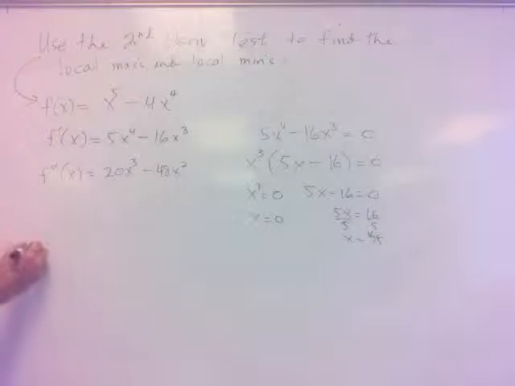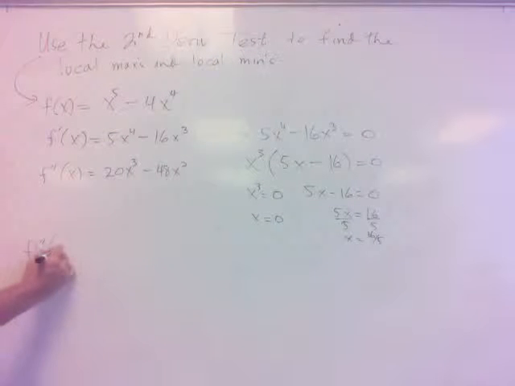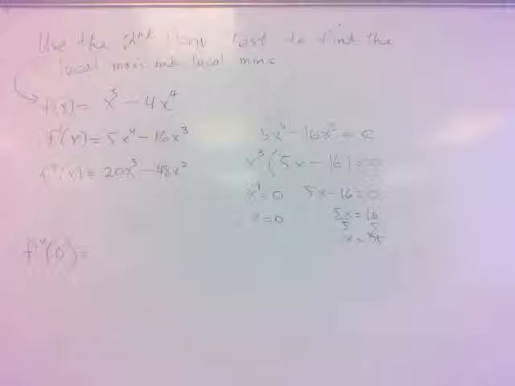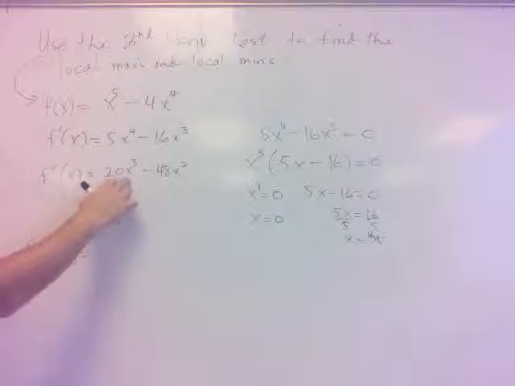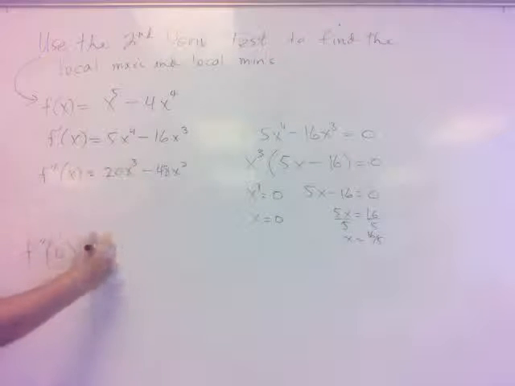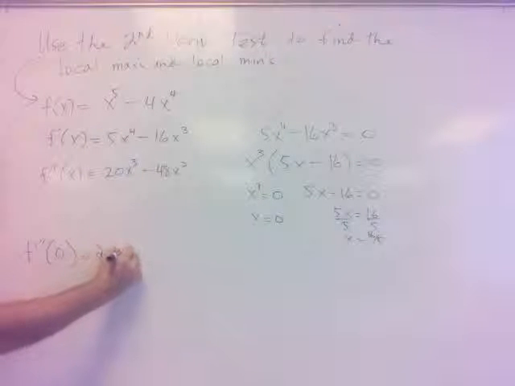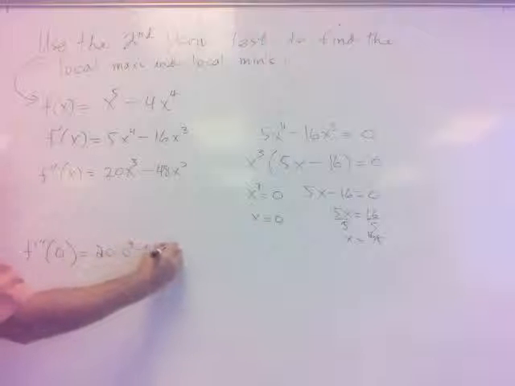Using the second derivative test, let's just plug both of those into the second derivative. However, we run into a slight problem. Very first one out of the box here, by plugging x equals 0 into the second derivative, I've got 20 times 0 cubed minus 48 times 0 squared.